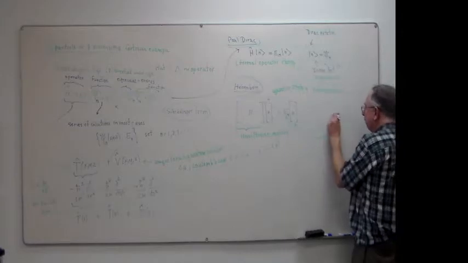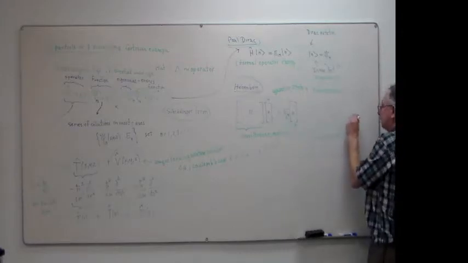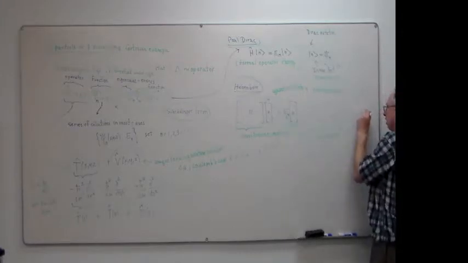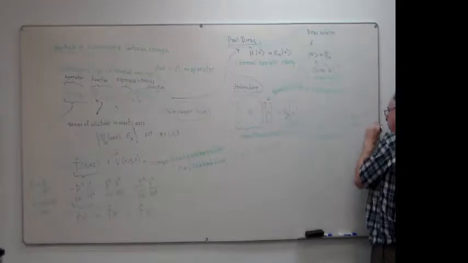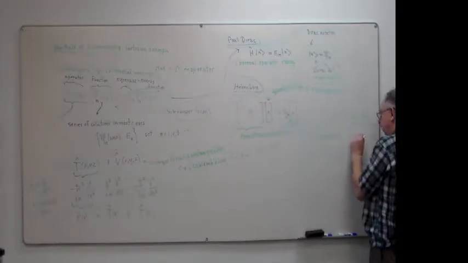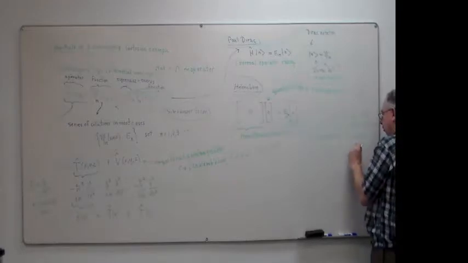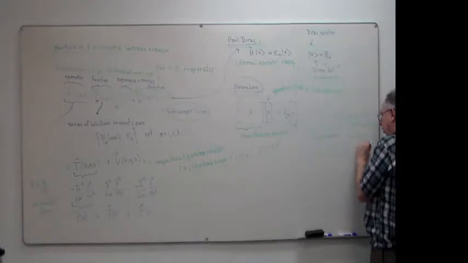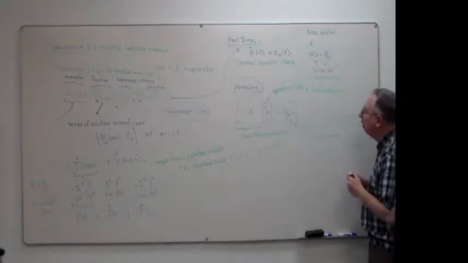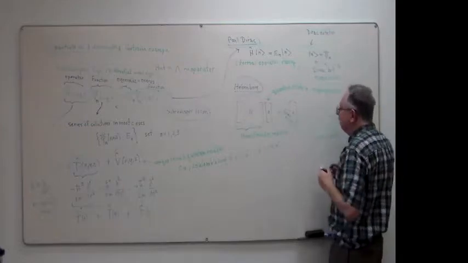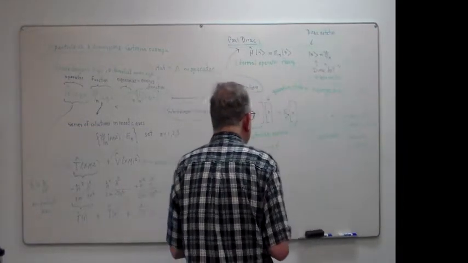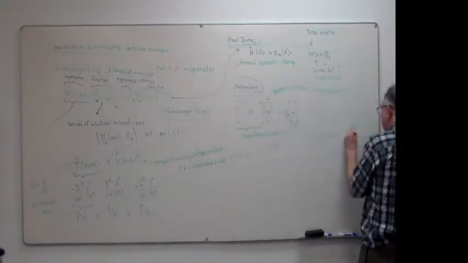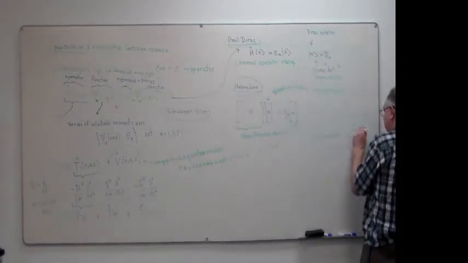And then Heisenberg says, cast the operator theory into matrix form. Yeah, matrix vector form actually. Let's add a vector down there.